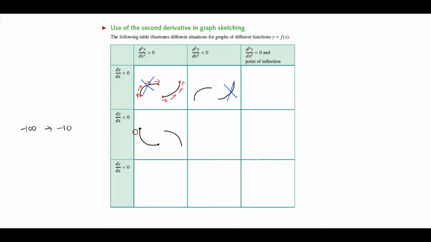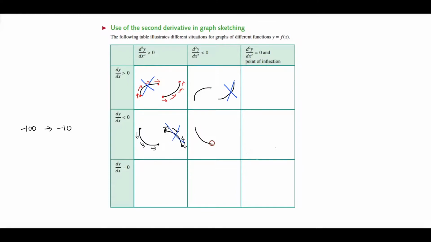Here it's becoming less steep. For the curve on the right, the gradient is negative, but not that steep, and then it becomes very, very steep negative, so the rate of change of the gradient is actually decreasing. We want to pick the one that's increasing, so less negative over time. In that case, you pick the first one, the one on the left, and you don't pick the second one, okay?